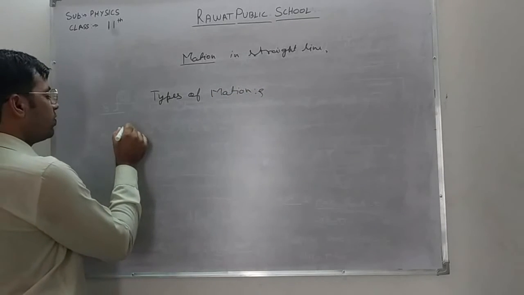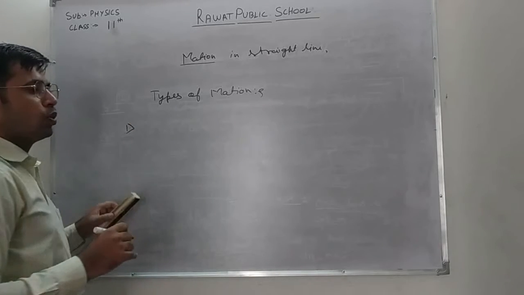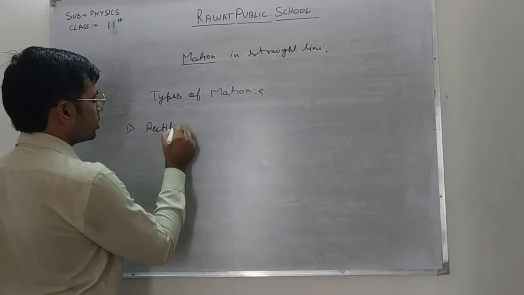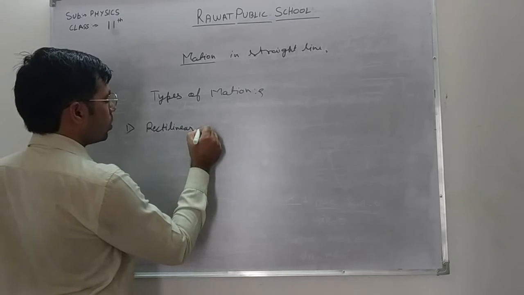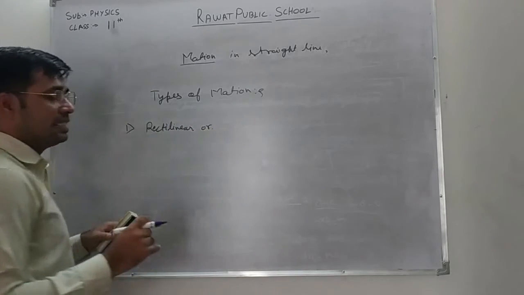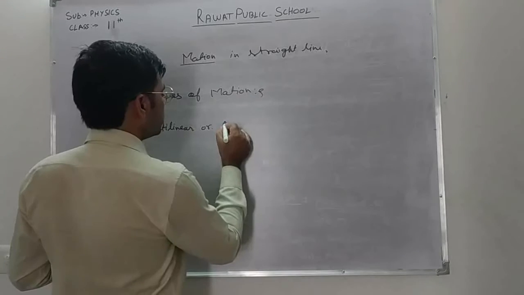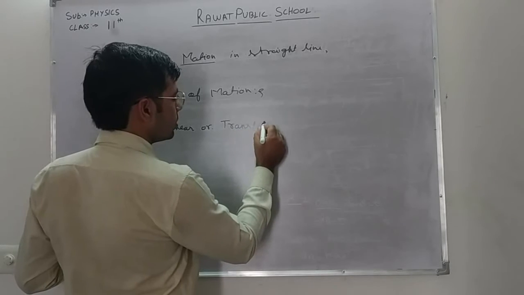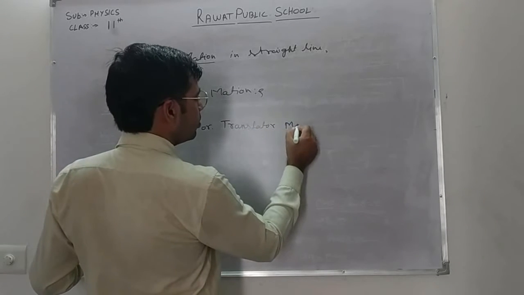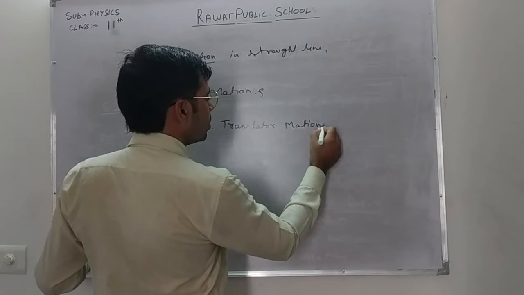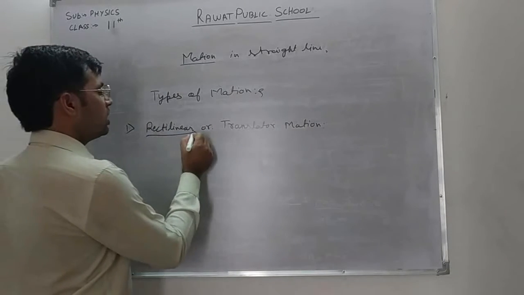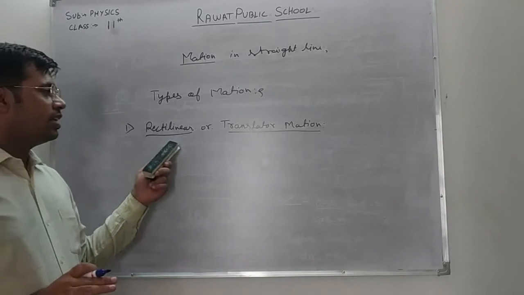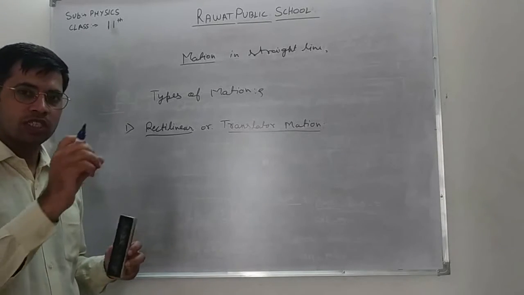Now, the first type of motion is rectilinear or translatory motion. Now see, both things are quite similar. Rectilinear motion and translatory motion are quite similar.